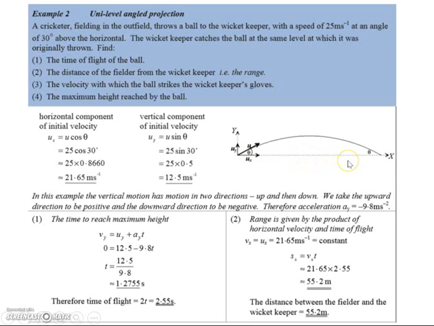There's nothing else acting on it in that direction, so even our final component will still be the same. So we put in 21.65 and our time, 2.55. We had a range of 55.2 meters, so the distance between the wicketkeeper and the fielder is 55.2 meters.